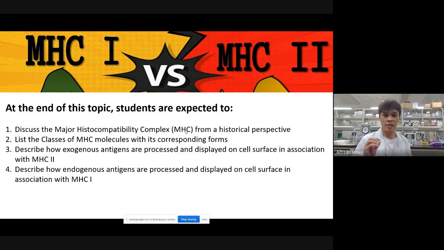I'll just put some inputs on the MHC HLA in a historical perspective. Then second, list the classes of your MHC molecules with their corresponding forms. So you have your class 1, 2, and 3, but we'll only discuss specifically your class 1 and class 2.